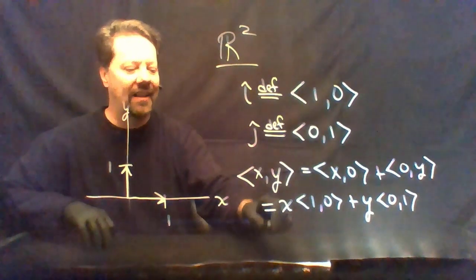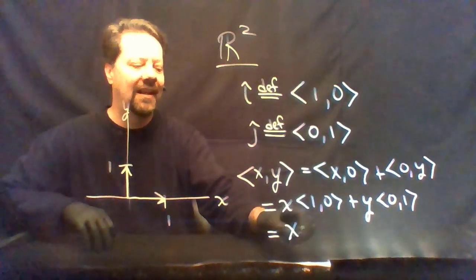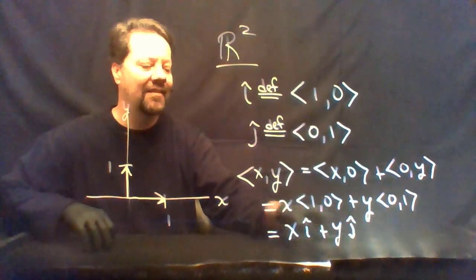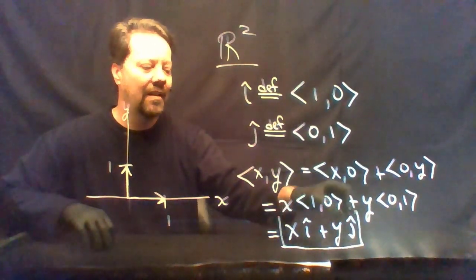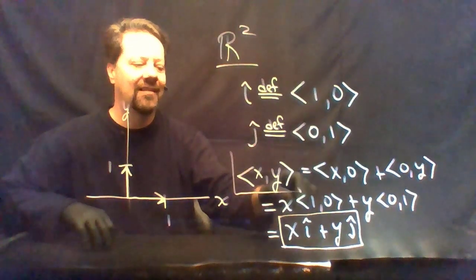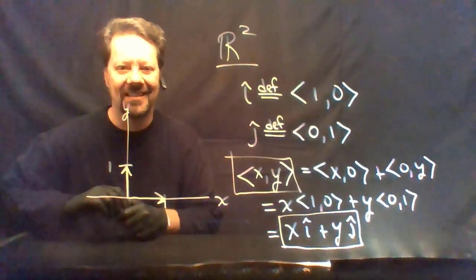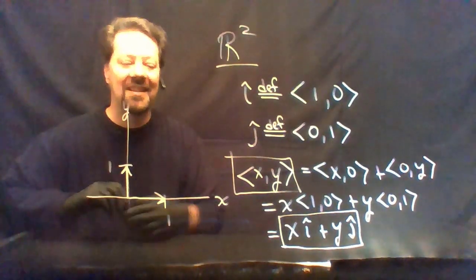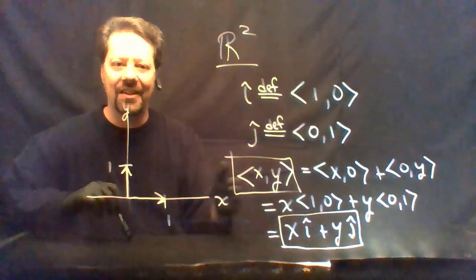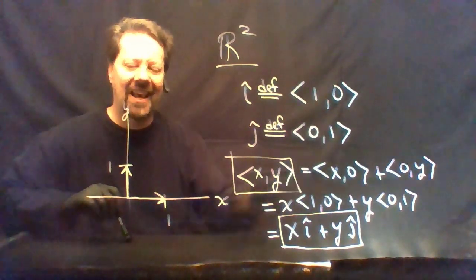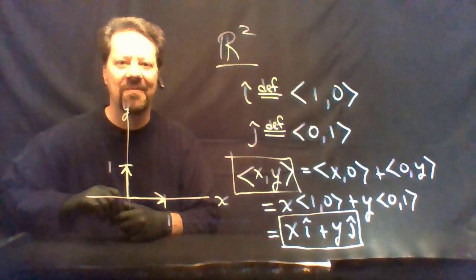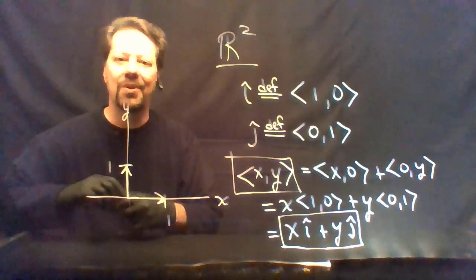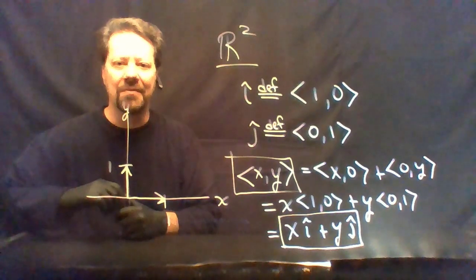Every vector <x, y> can also be expressed as x times i plus y times j. These are equivalent notations. There are certain advantages to using each. Many of you may have seen this i, j, and then in 3 dimensions k notation before. I want you to be comfortable with the angle bracket notation too. You'll find that it's very useful.